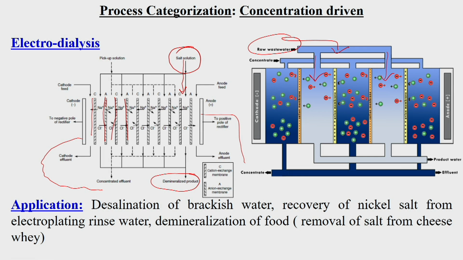As the raw wastewater contains some amount of charges, these opposite charges will be attracted towards the cathodic plates and anodic plates, and the product water coming out will be free from all the charges. Then the effluent will be separated from the bottom of these alternate chambers.